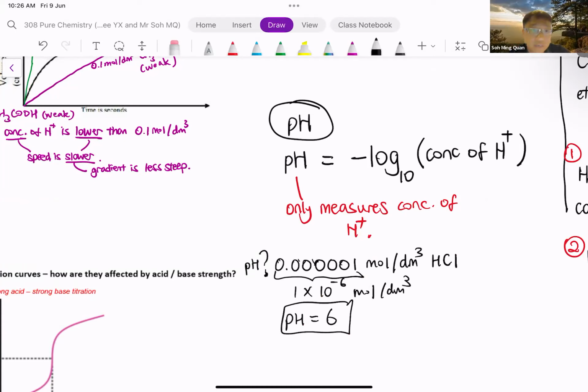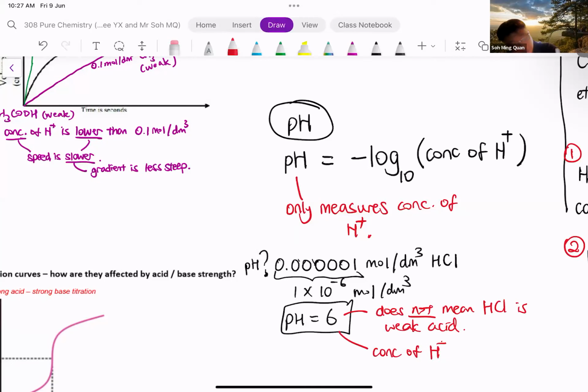Does it mean that pH 6 means HCl is a weak acid? pH 6, okay, maybe I should write it now. pH 6 does not mean HCl is a weak acid. What it means is the concentration of H plus is very low, dilute.